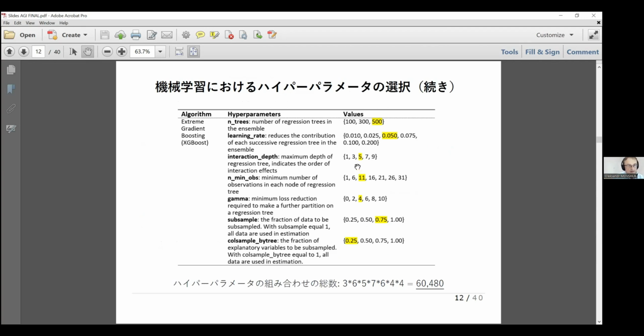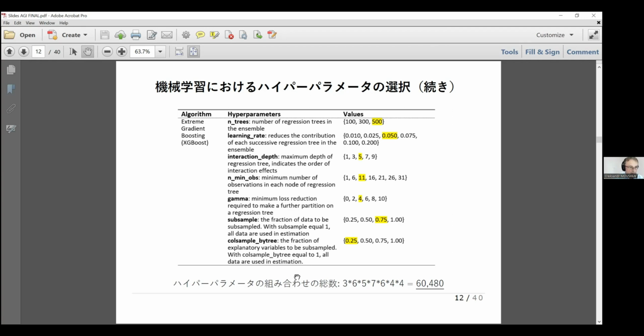Then the number of interaction effects was up to 5. Then subsample is the fraction of data to be subsampled. So if it is 1, then we use the whole data set. But here we're using 75% of the data sampled randomly.